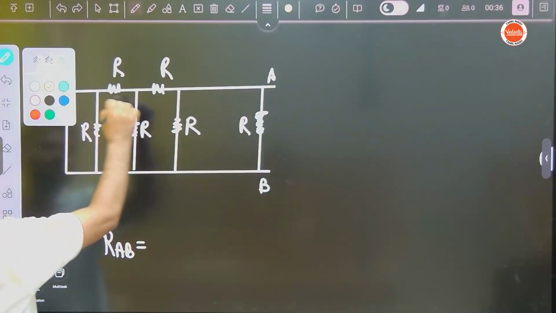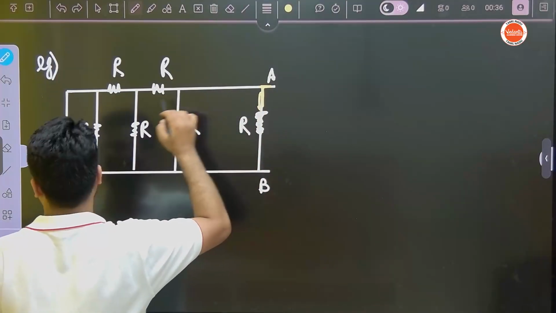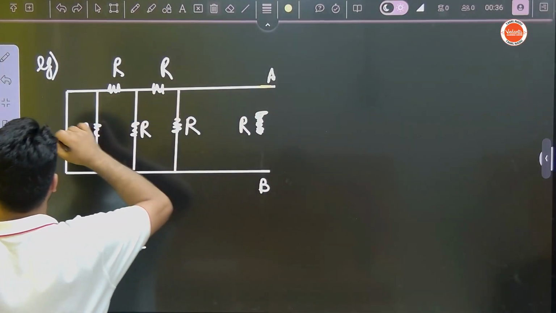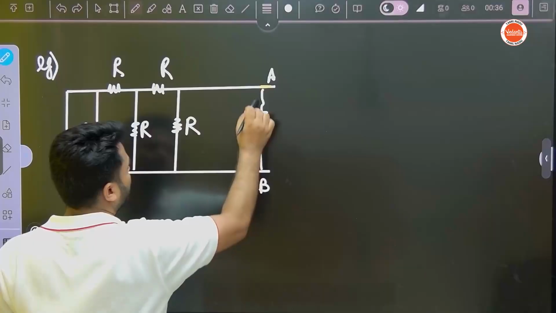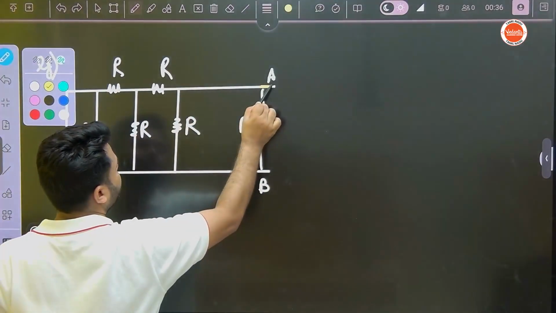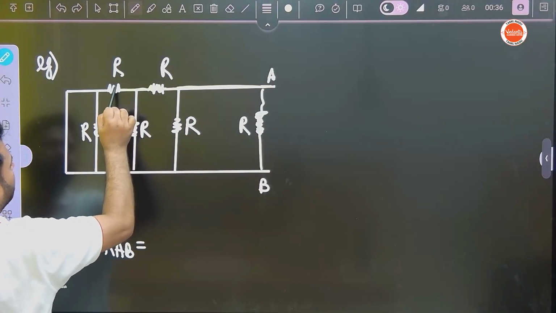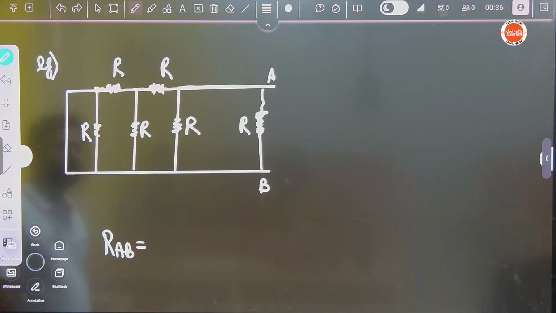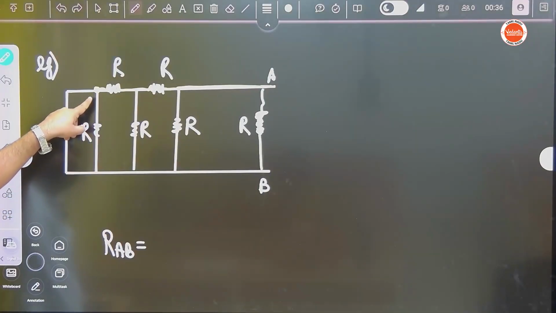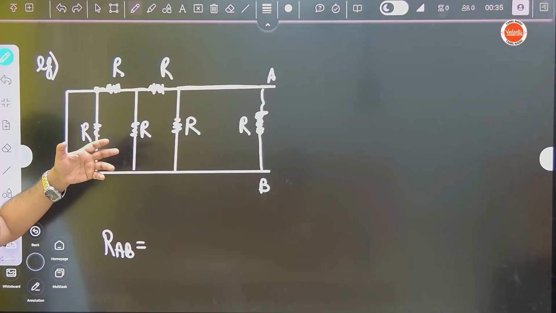You start from A. Some current will go here. Some current will go there. Suppose current is going like this. When it reaches here, it has two paths. This path has resistance, but this path doesn't have resistance. So it will travel in the path which has no resistance.